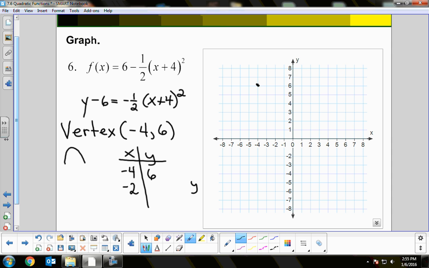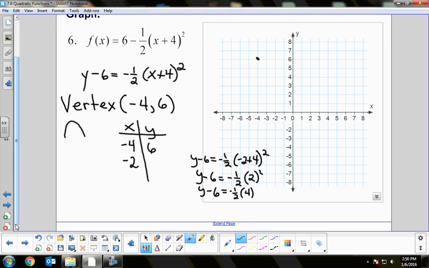I would have y minus 6 equals -1/2 times (-2 plus 4) squared, right? So y minus 6 equals -1/2 of 2 squared. 2 squared is 4. Y minus 6 equals -1/2 of 4.